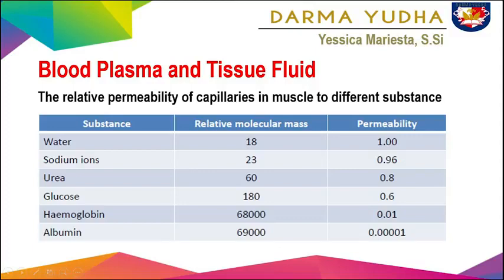Overall, however, rather more fluid flows out of the capillaries than into them, so that there is a net loss of fluid from the blood as it flows through the capillary bed. If the blood pressure is too high, too much fluid is forced out of the capillaries and may accumulate in the tissues. This build-up of fluid is called edema.